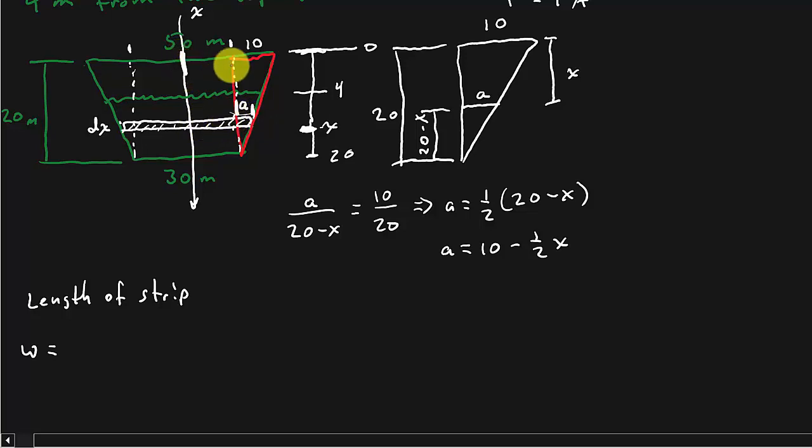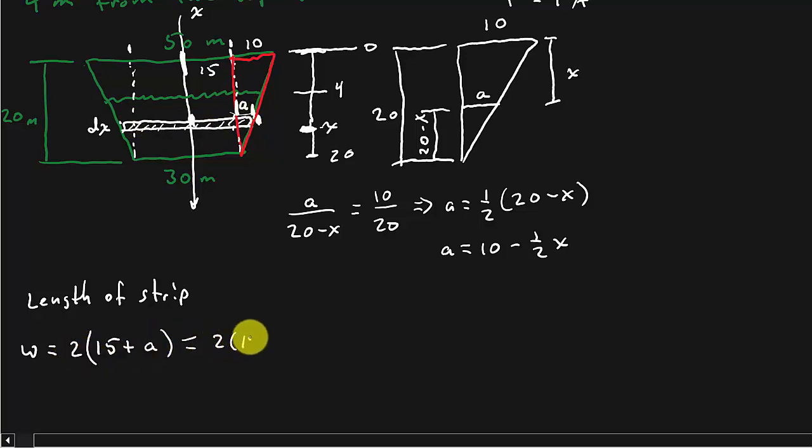So I know the distance from here to here, that's 15. So it's going to be 15 plus A. You see that? That's the distance from here to here, and that's just half of it. So if I double it, that'll give me the entire distance.